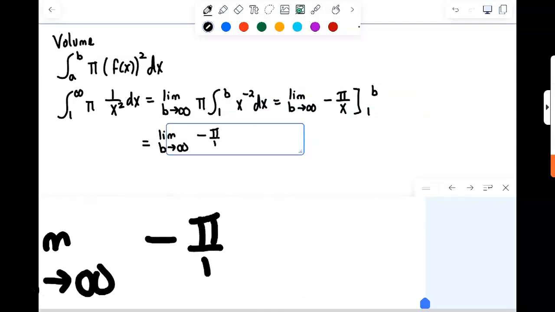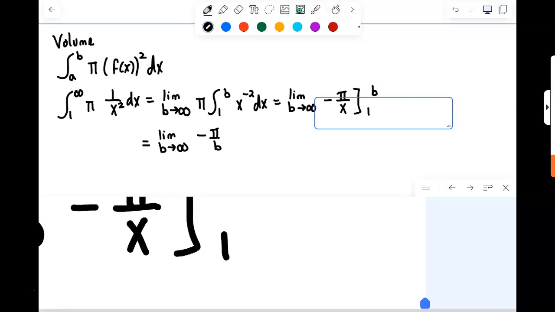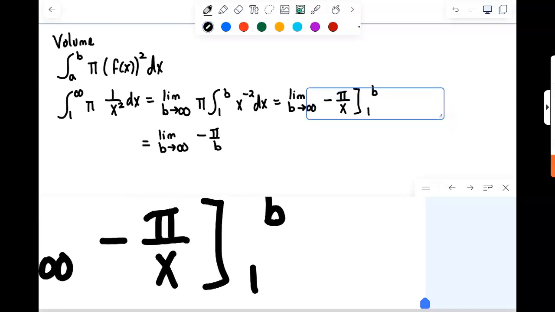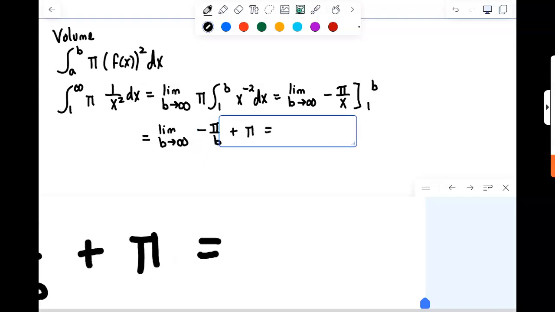Negative pi over b, and then that's going to be minus negative pi over 1, or just plus pi. And then we take the limit of that. And it turns out this horn has a volume that's just pi cubic units.